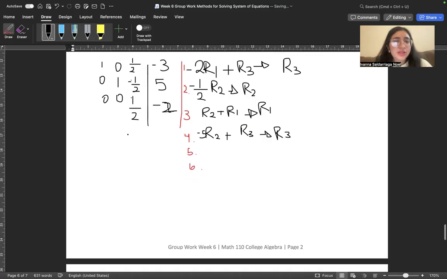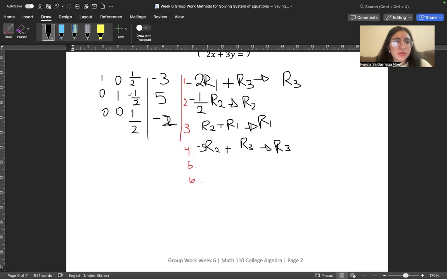Okay, now we want these numbers to be 0. Basically, what I'm going to do is sum these numbers, R2 plus R1, and it goes into R1. No, sorry, it's the other way around.